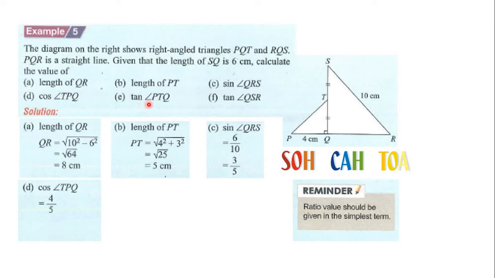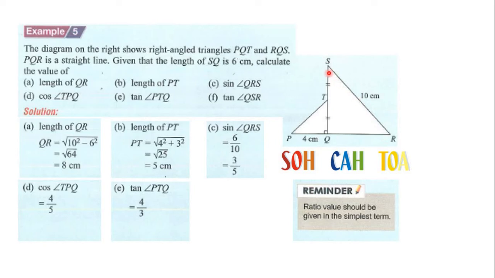E. Tangent PTQ. So angle at T. Tangent is opposite over adjacent. Opposite is 4. Adjacent, this one just now you calculated, you get 3. So 4 over 3. And for F, tangent QSR.